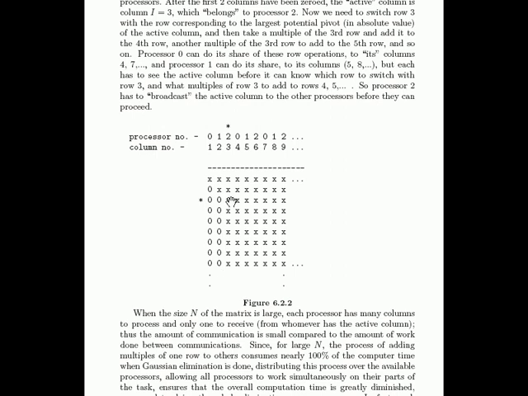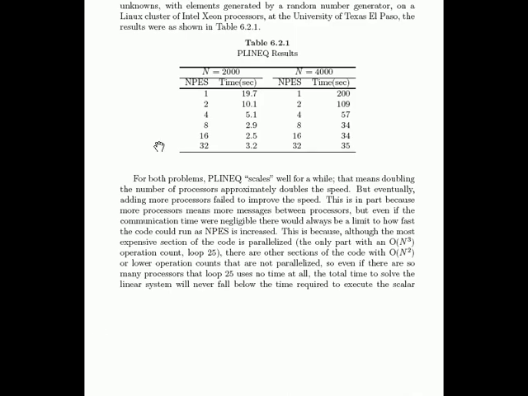So for large n, the ratio of the amount of work done on each processor to the amount of message passing is fairly large, so the bigger n is, the more efficient this should be, the better you can take advantage of many processors.